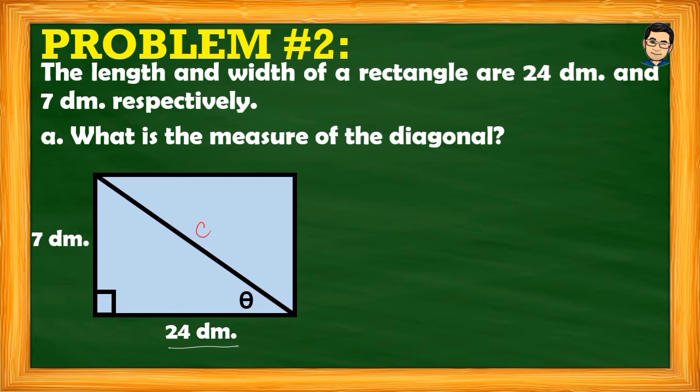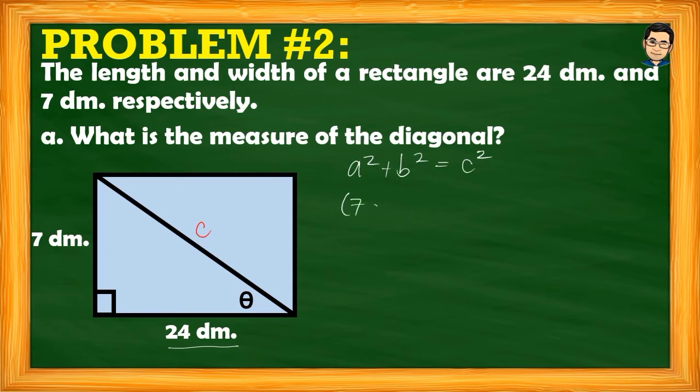To get the measure of the diagonal, we'll simply use the Pythagorean theorem. That is, a squared plus b squared is equal to c squared. Our a here is 7.